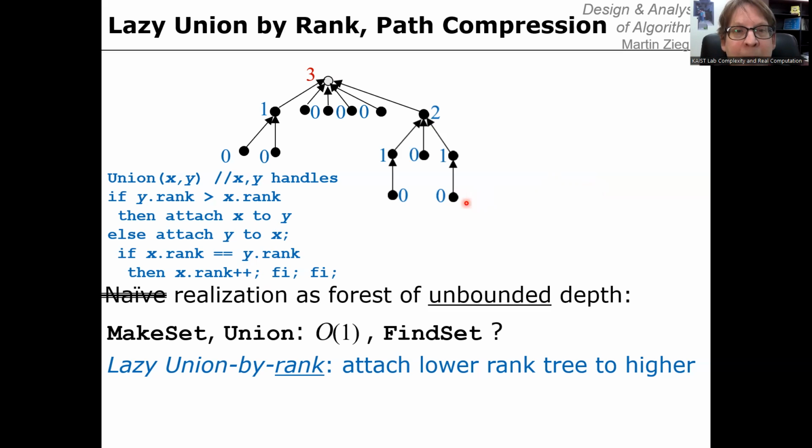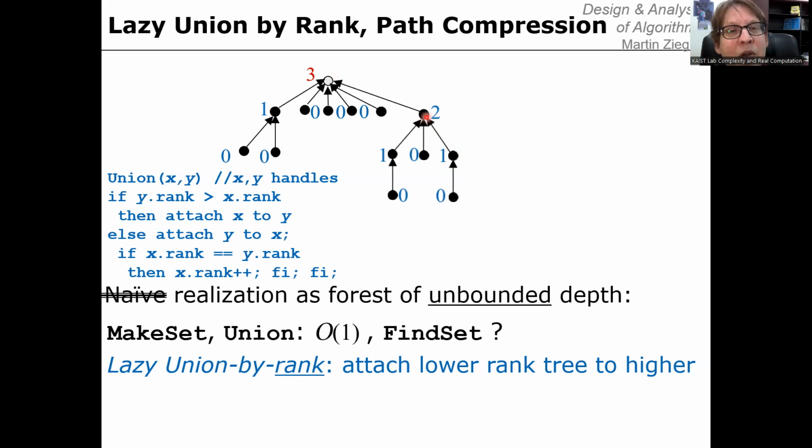And in this case, while walking all the way up, what we're going to do now is each time we walk up, and we visit this node, and we visit this node, and we visit this node. So it's already cost proportional to the height. But then we also update the pointer. This pointer, we redirect that not to go here, but to go directly to the root.